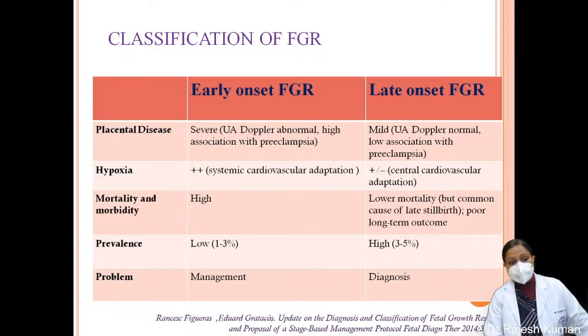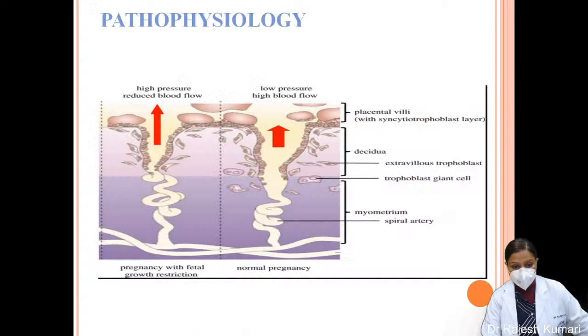In late onset FGR, placental disease is mild, uterine artery Doppler is normal, with low association with preeclampsia. Hypoxia is severe in early onset and mild in late onset. Mortality and morbidity are high in early onset. Late onset is lower but a common cause of late stillbirth and poor long-term outcome. Prevalence is low in early onset, 1 to 3%, and higher in late onset, 3 to 5%, a problem we can manage, and in late onset, diagnosis is the challenge.